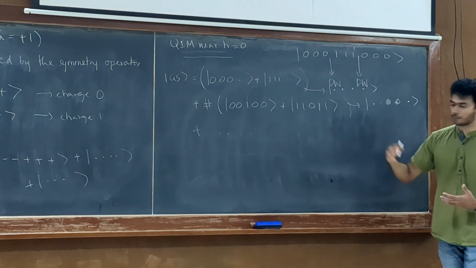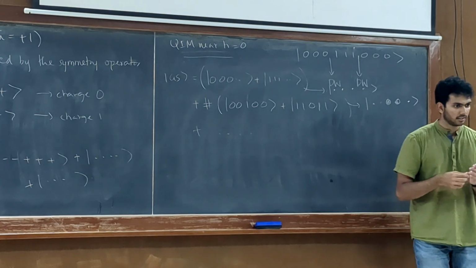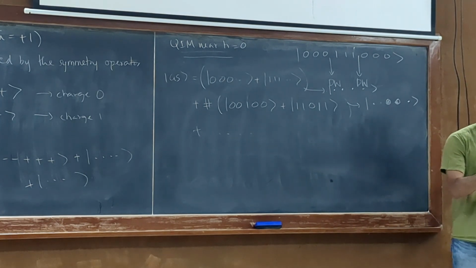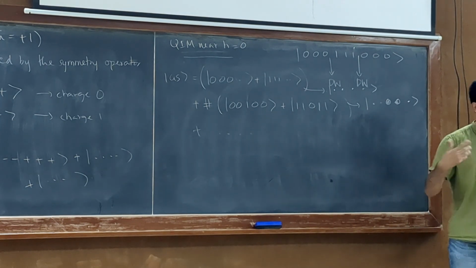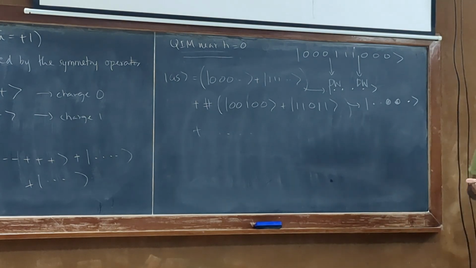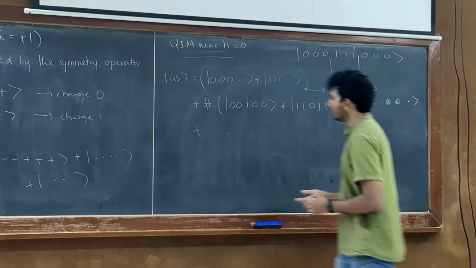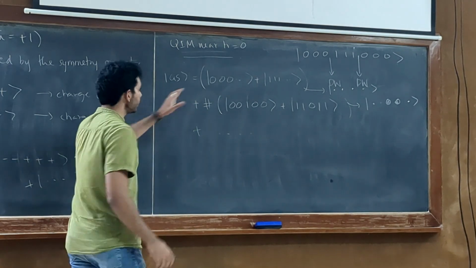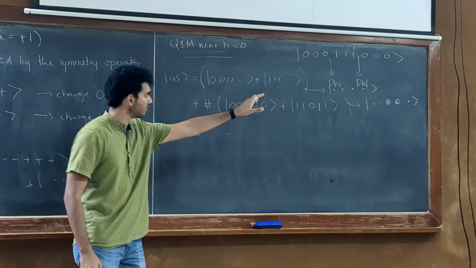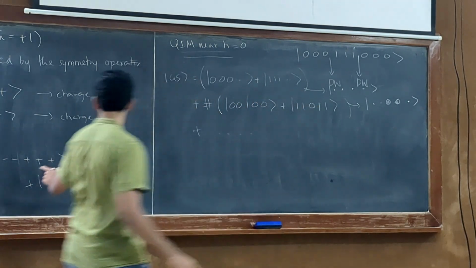It's basically a different representation of the same state, not in terms of the microscopic real objects, which are the spins, but in terms of some new emergent object, which is the domain wall. Now if you think of these states in terms of the domain walls, this looks very similar to what I wrote here.